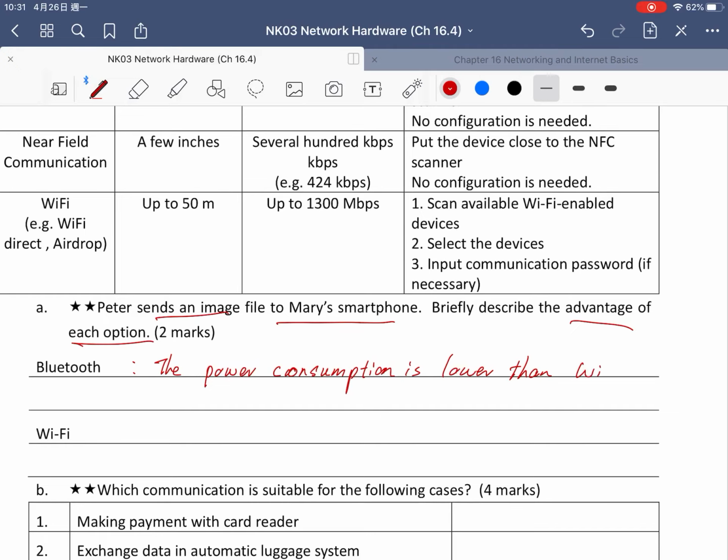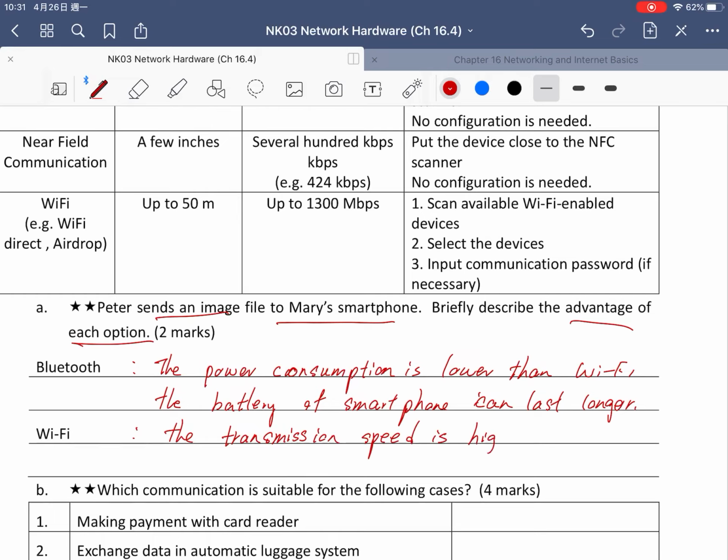It's lower than Wi-Fi. Can last longer. For Wi-Fi, the speed is higher, so it takes shorter time.